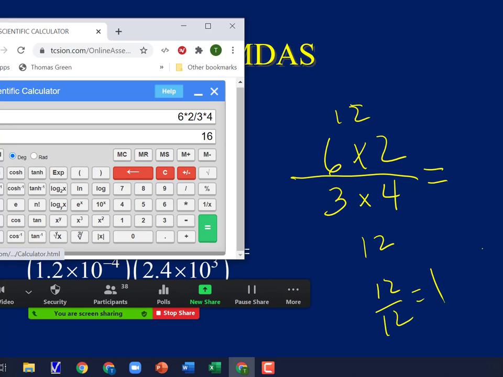So what I really wanted to push here was 6 times 2 divided by 3, no problem here, but that 4 is on the bottom. So I want to push divided by 4. And if I do that, I get the right answer.